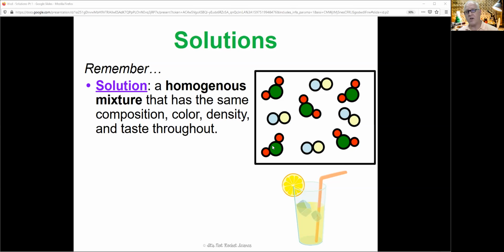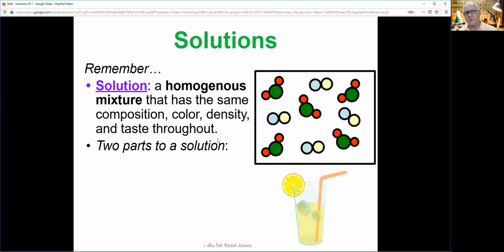We go back to our earlier discussion on matter. A mixture would be either a homogeneous mixture or a heterogeneous mixture. A solution is a homogeneous mixture, so everything has the same composition, color, density, and taste.